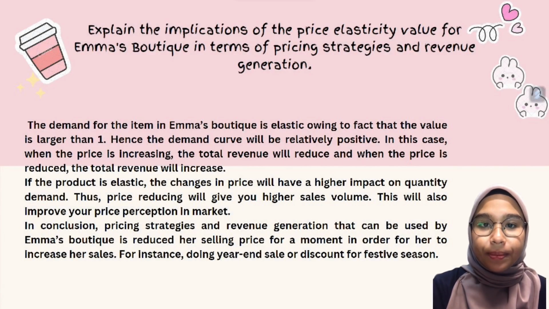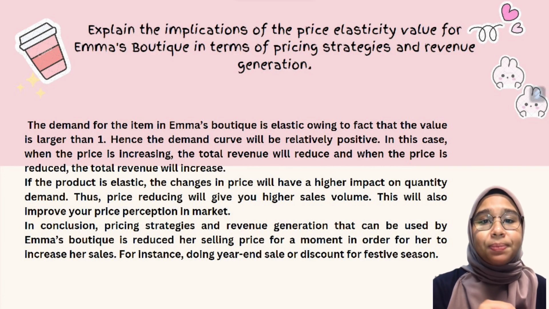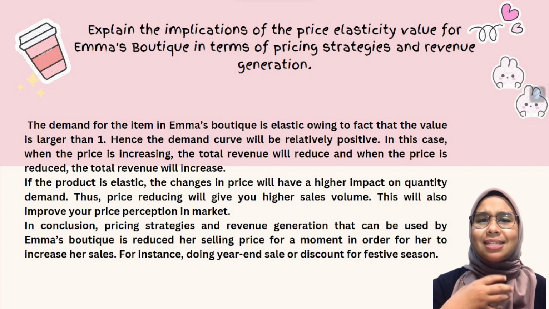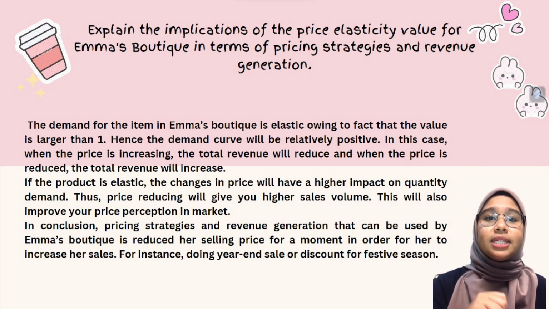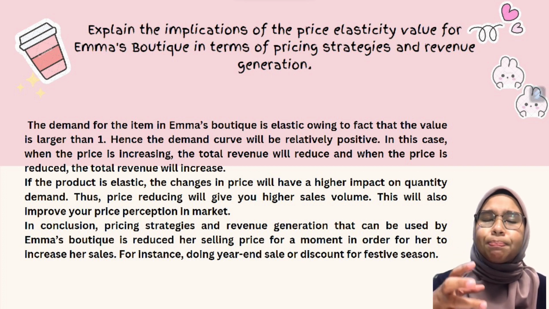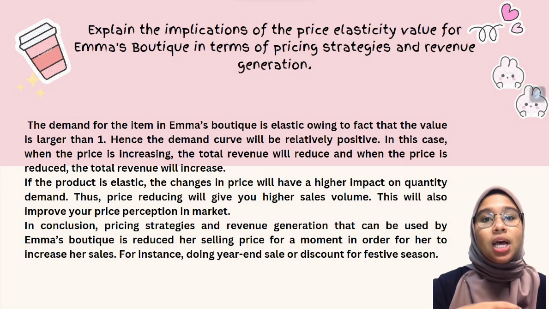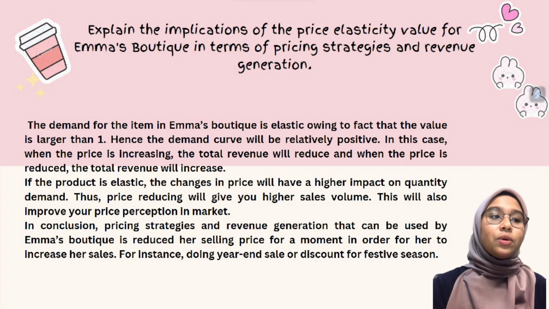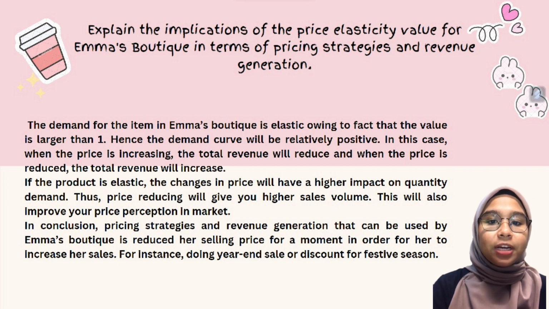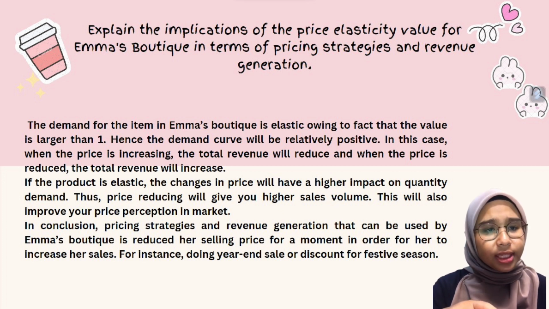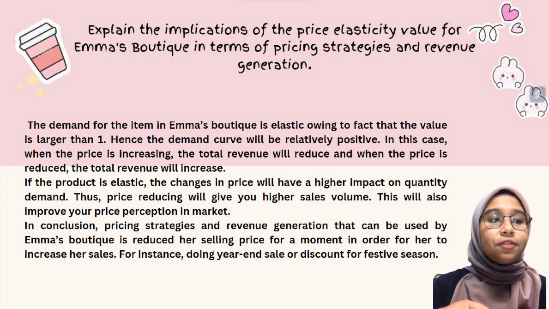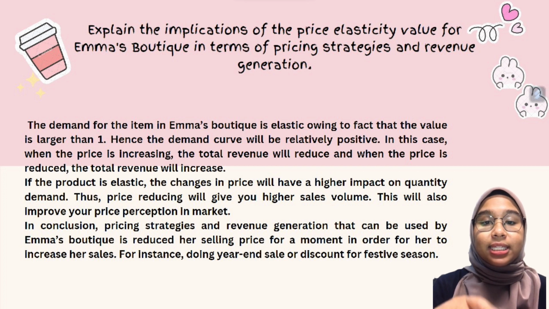Okay, so for 2 Roman, we need to explain the implication of the price elasticity value for Emma's boutique, and we also need to state the pricing strategies and revenue generation. So when we have looked at that, the demand for the items in Emma's boutique is elastic, owing to the fact that the price elasticity of demand is larger than 1.